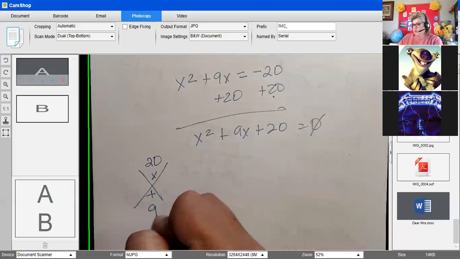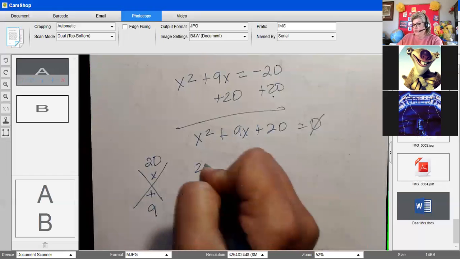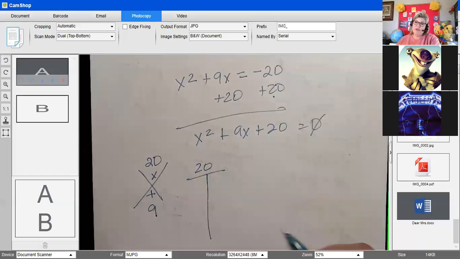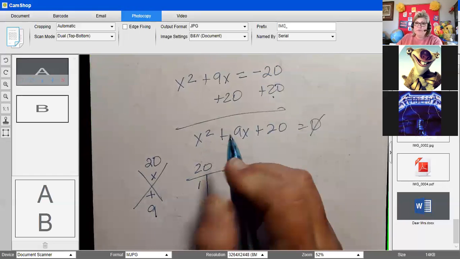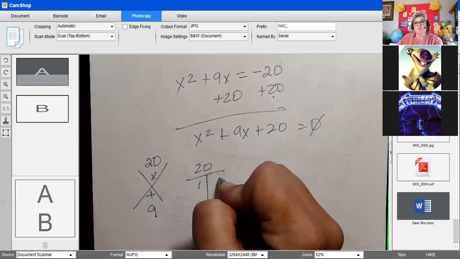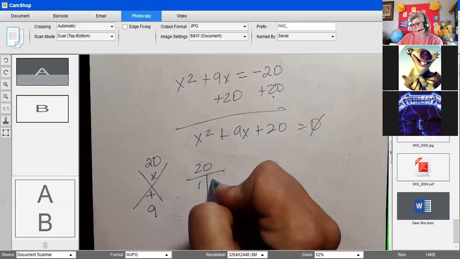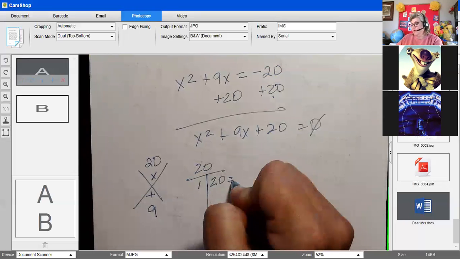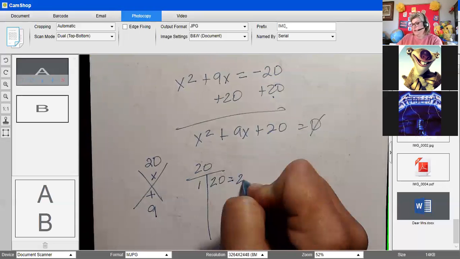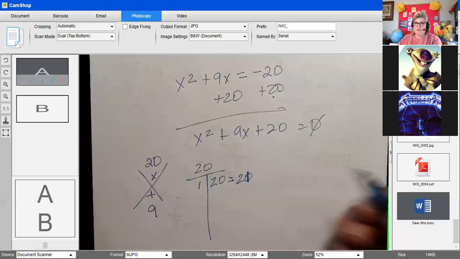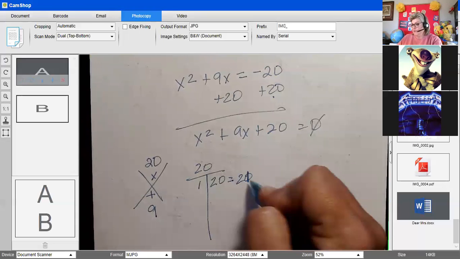And so that's when we're going to start looking at the factors of 20 that we can multiply together to get 20 and add together to get 9. So 1 times what equals 20? 20. And if we added those together, that would be 21. So that's not it.